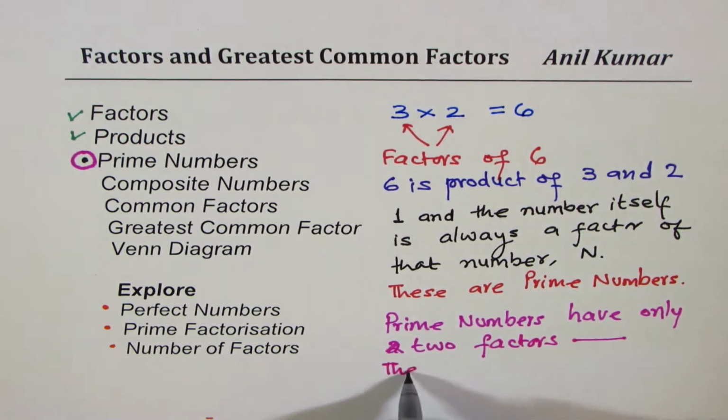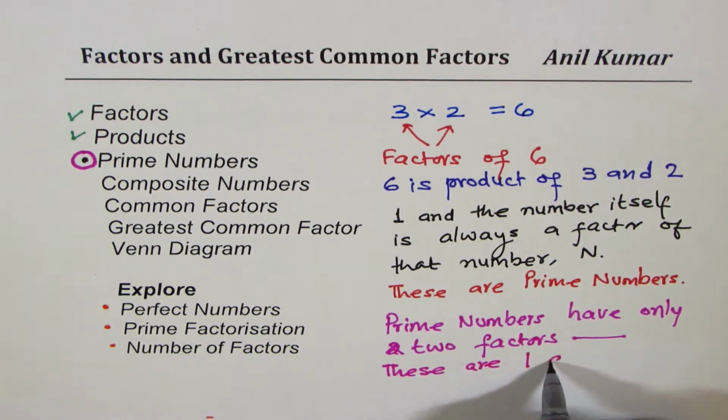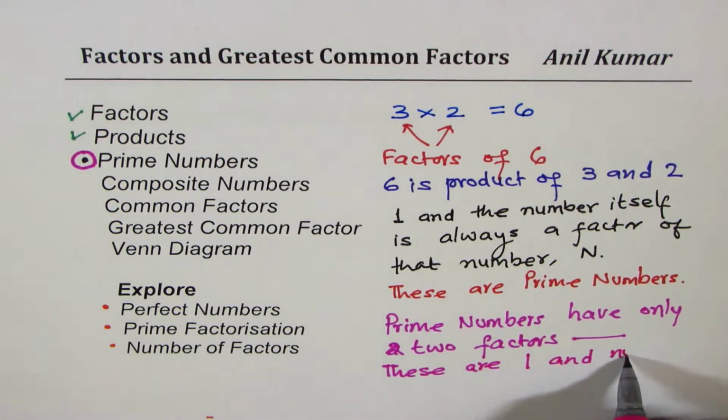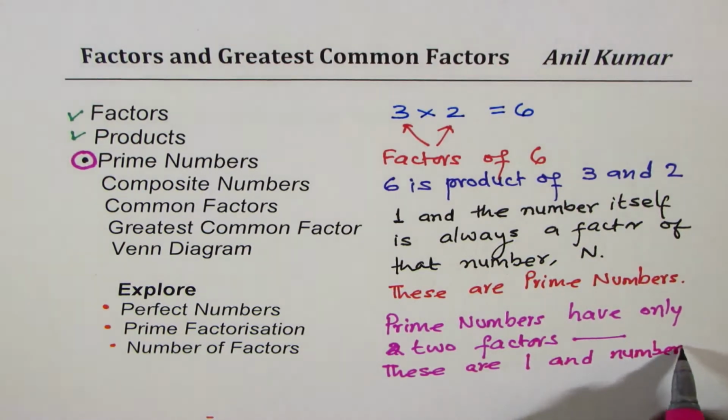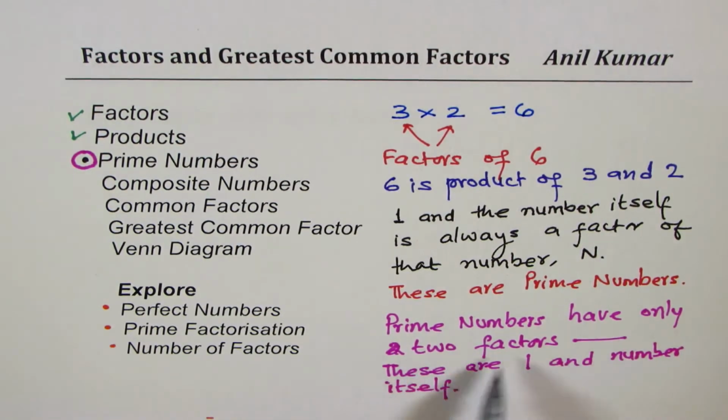These factors are 1 and the number itself. Does it make sense? So prime numbers have only 2 factors, and these factors are 1 and the number itself, that is N, right?